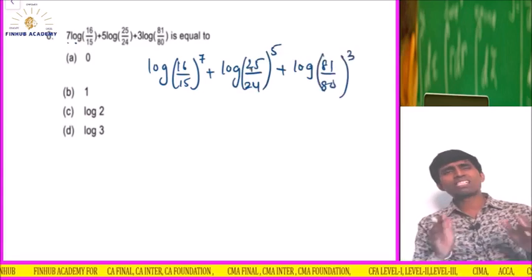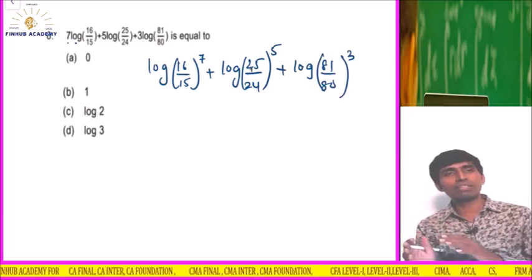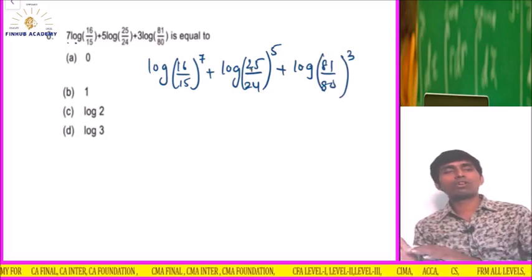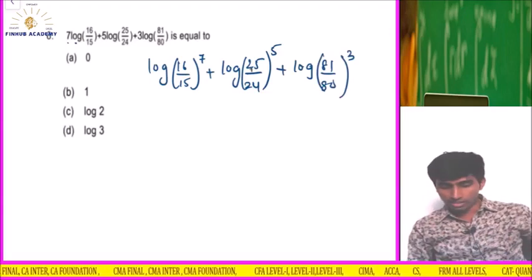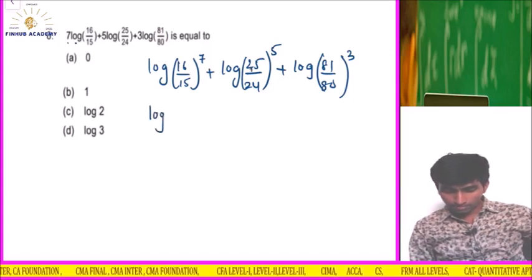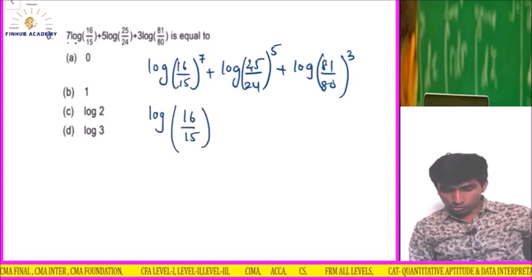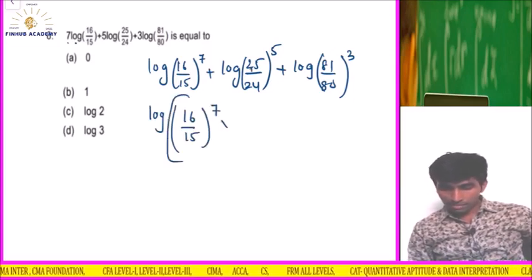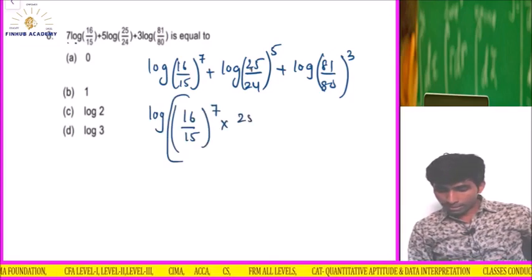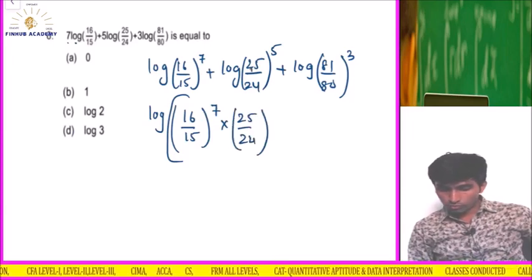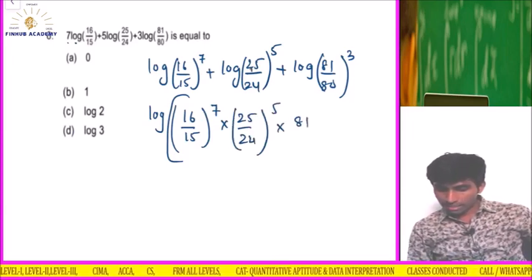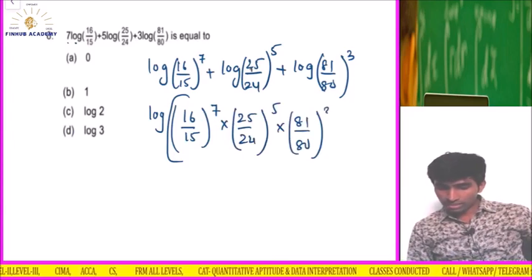Okay. Now since there is log and there is plus in between, log a plus log b plus log c is nothing but log of a into b into c. So I can write it as log of 16 by 15 the whole raised to 7, multiplied by 25 by 24 the whole raised to 5, into 81 by 80 the whole raised to 3, like this.